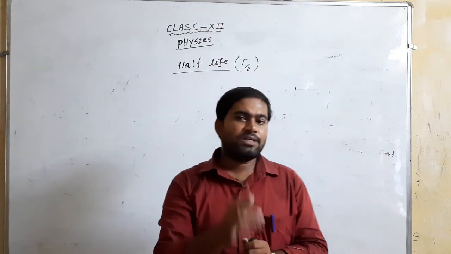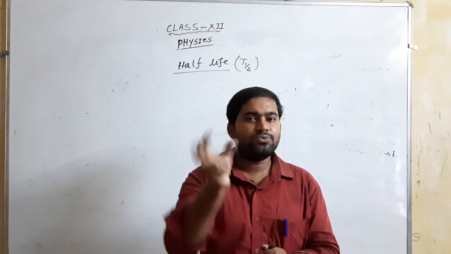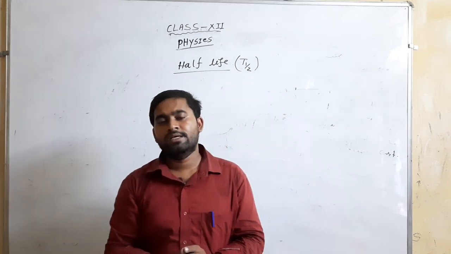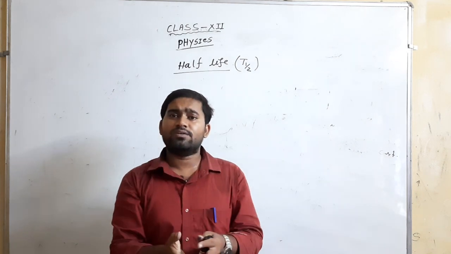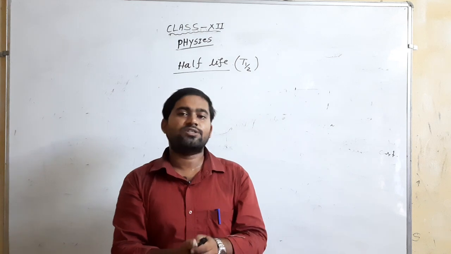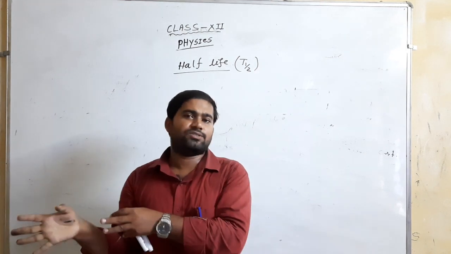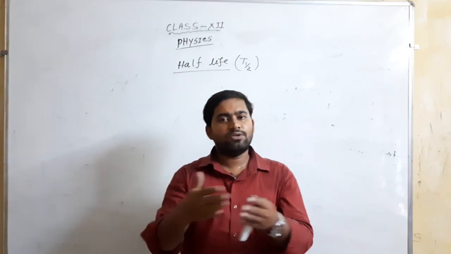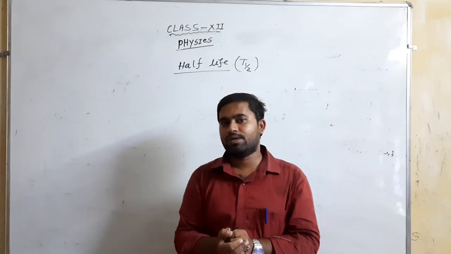Suppose a radioactive nucleus has 1000 samples inside it. That means there are 1000 alpha, beta, or gamma particles inside it, and during the disintegration, the alpha and beta particles are continuously emitted from that nucleus.